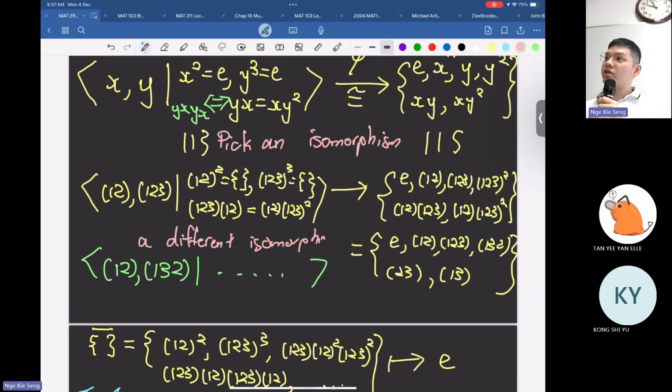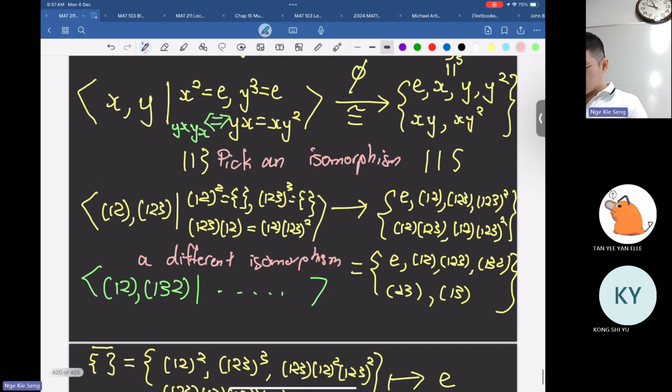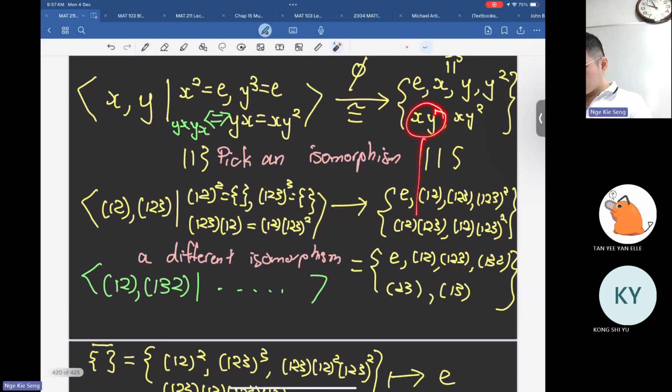If you pick different generators, then you will form a different isomorphism. Because your generators are not the same as what I computed already. For example, my Y is (2 3), and your Y is (1 3). So you have a different isomorphism.